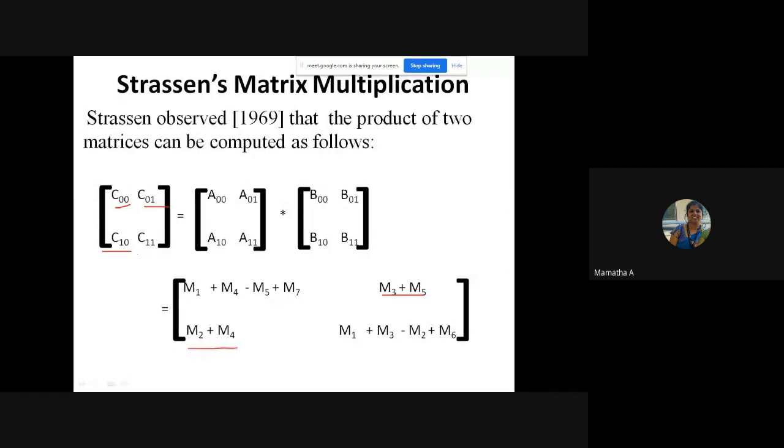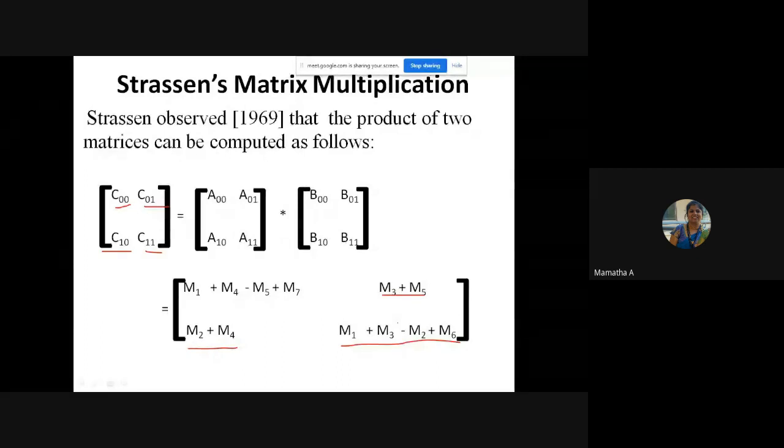What is C11? M1 plus M3 minus M2 plus M6. Are you understanding? So he did not do what you did in the normal method. But he found that I can obtain the product of 2 cross 2 matrices using these formulas.